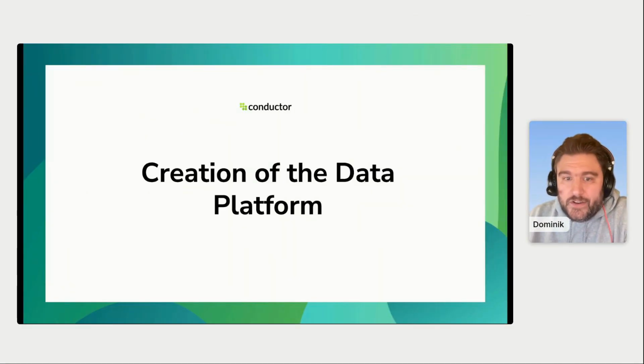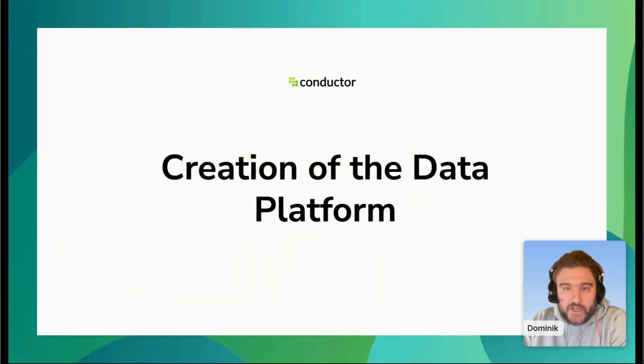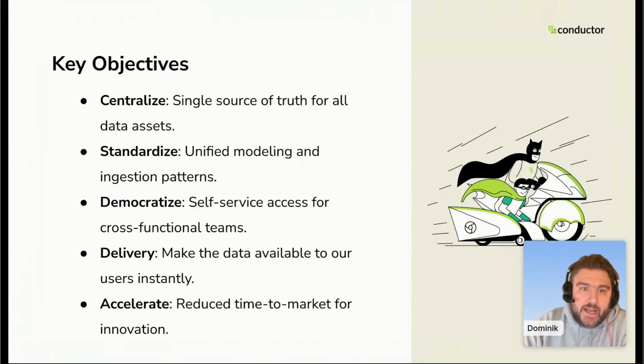So we thought about how we wanted to build our new data infrastructure, and we had some key objectives. We wanted to create a single source of truth for all data sets in order to be able to combine the data as we want, to join different data sets, and also standardize the modeling and ingestion patterns.